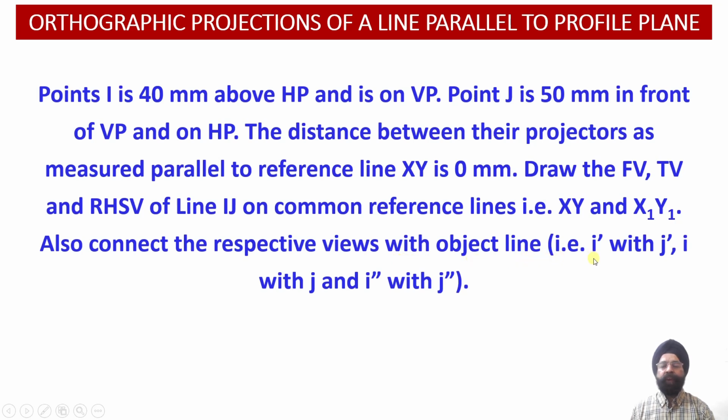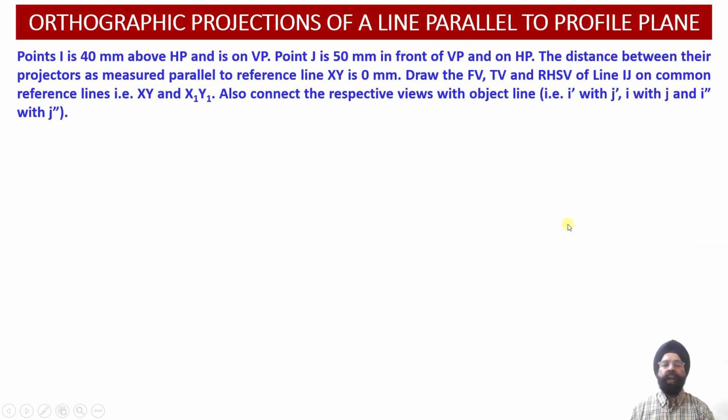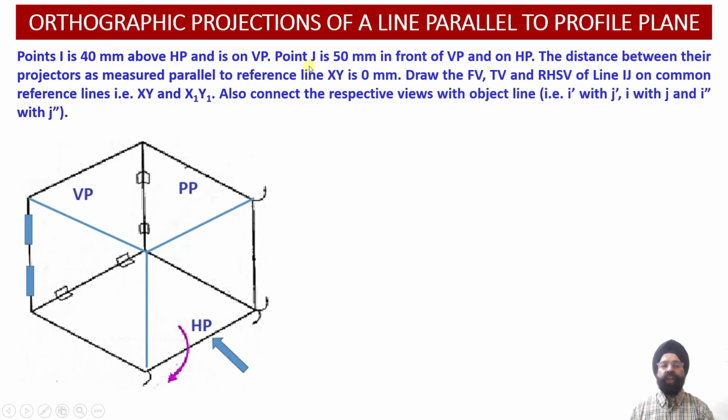That is, the front view I dash will be connected to J dash, the top view I will be connected with the point J projection, and finally the I double dash projection in the side view will be connected with the J double dash projection in the side view corresponding to the line IJ. So let us first of all spatially locate this line IJ in the 3D projections.